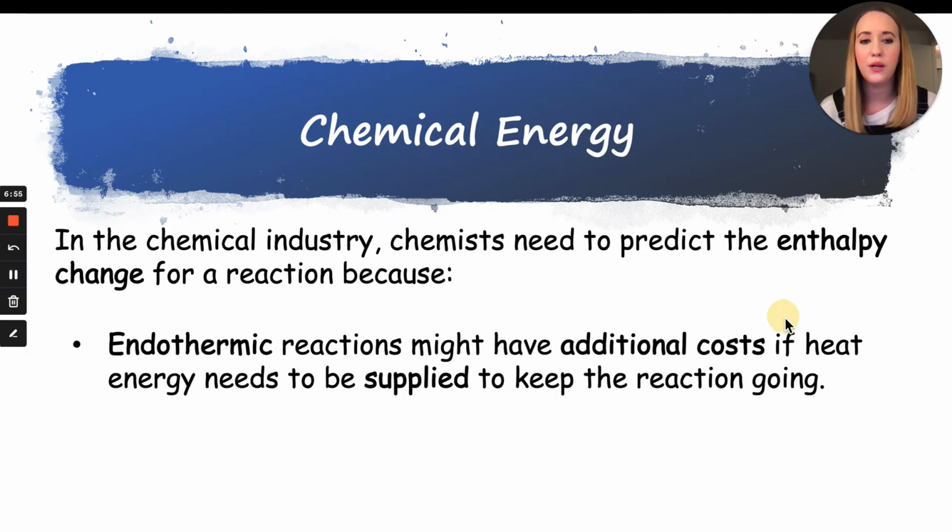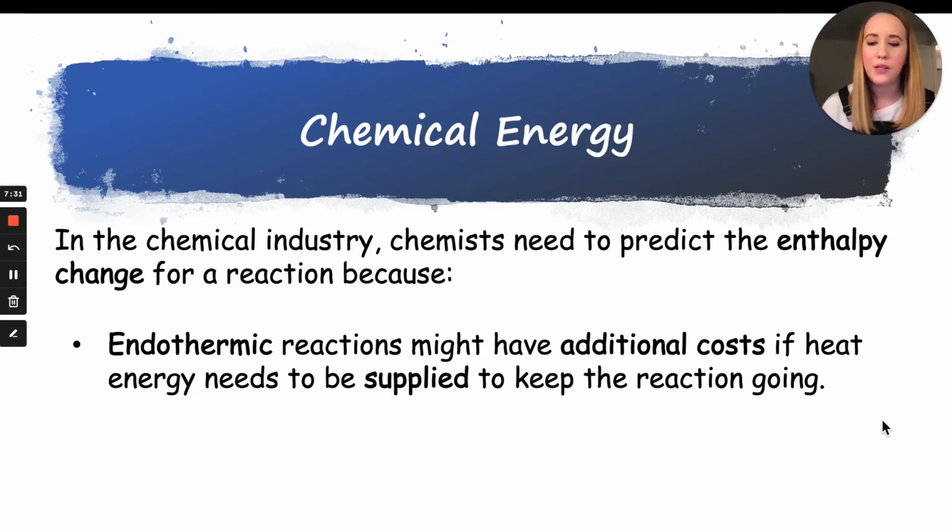So if we have an endothermic reaction, we might have to heat it in order to give it extra energy to keep the reaction going, which is going to have a cost associated, and that's something which is very important in chemical processes, is working out the costs involved and making sure that your process is as cost effective as it can be. Because it's a business, at the end of the day, it's about making money. Okay, so if we've got an endothermic reaction, we need to think about the cost of supplying it with energy.